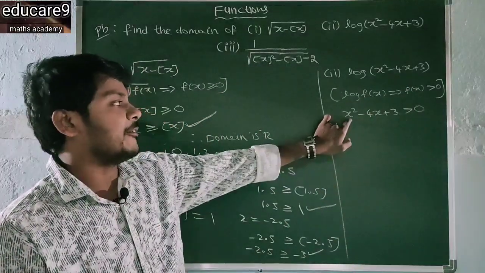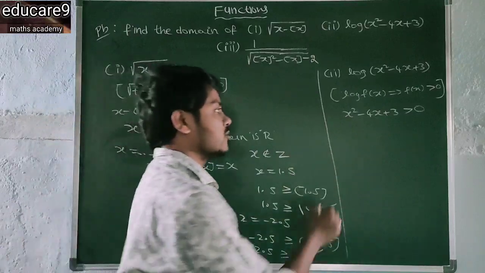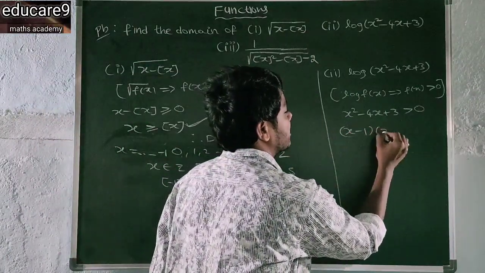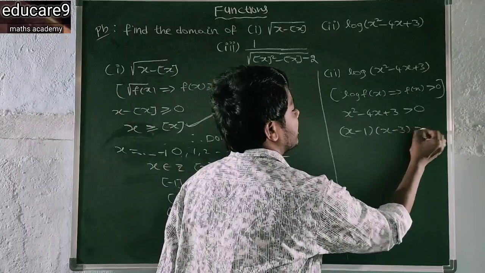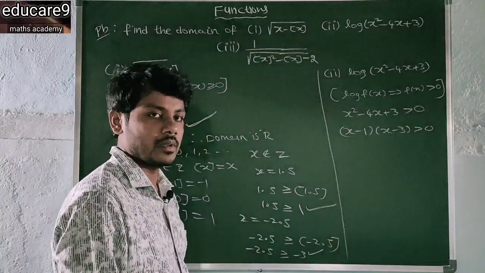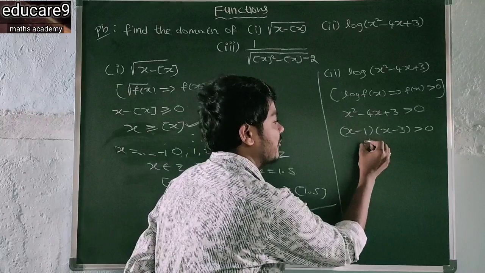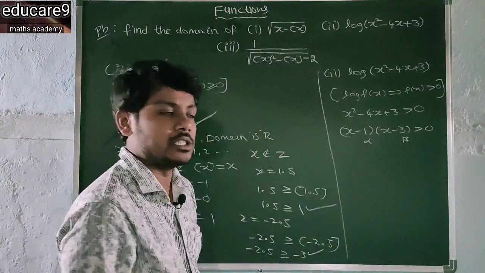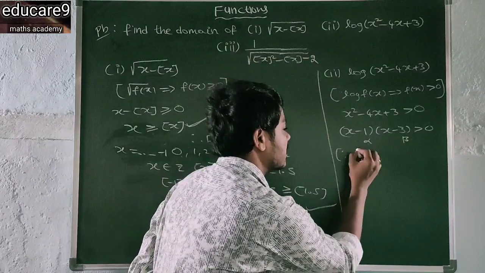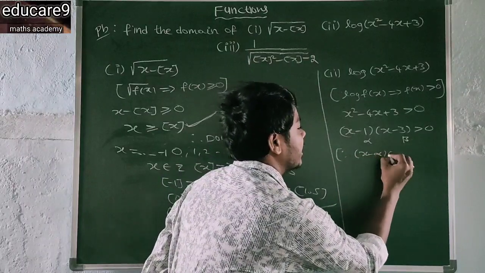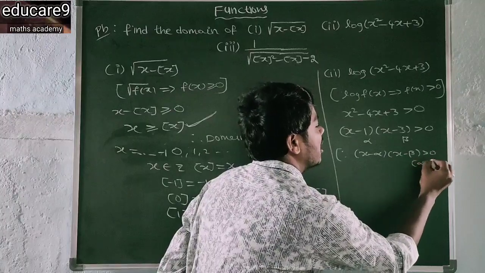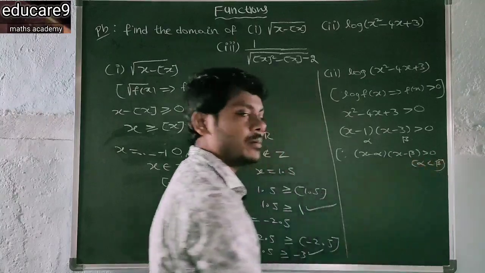Now find the factors of this. So what are the factors? X minus 1 into x minus 3. It is greater than 0. Now clear it in the form of x minus alpha into x minus beta is greater than 0. So since x minus alpha into x minus beta is greater than 0, with alpha is less than beta.